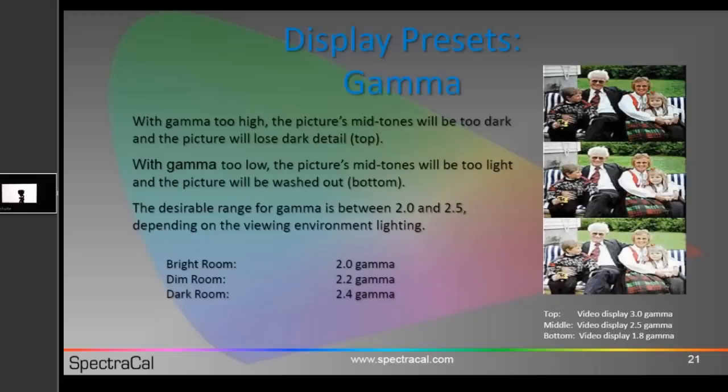And there we find in a bright room that about a 2.0 gamma works well. The dim room, which accurately reflects the original authoring environment, would use a standard gamma of 2.2. And for a dark room environment, where we are darker actually than the authoring environment, a little bit darker set of midtones would actually work well with a 2.4 gamma.